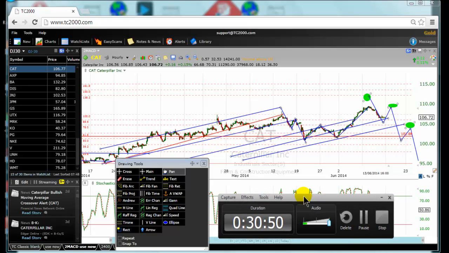To summarize the video, we are looking for the flat correction pattern. 1, 2, 3, 1, 2, 3, 1, 2, 3, 4, 5. We want to sell at the top and bring it down until it displays the 5 waves down. Remember, there are some correction patterns that are complex patterns.